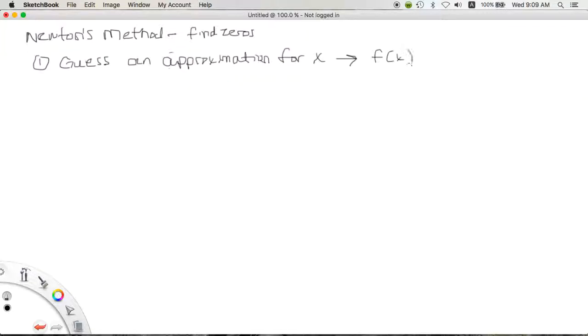That gives you the function value at 0. So you guess right where it's crossing the line. So you get a close one. Then you're going to do several iterations.